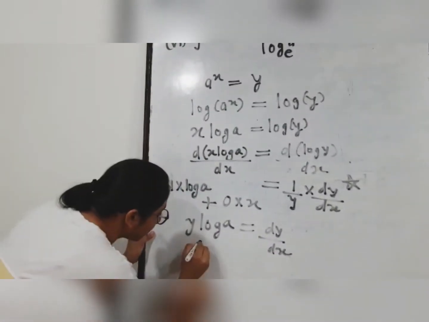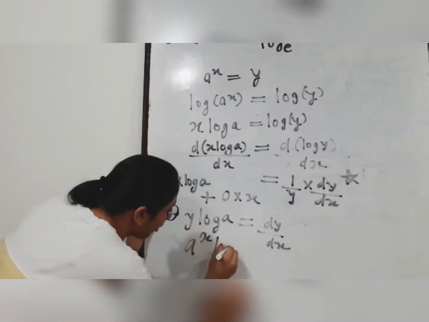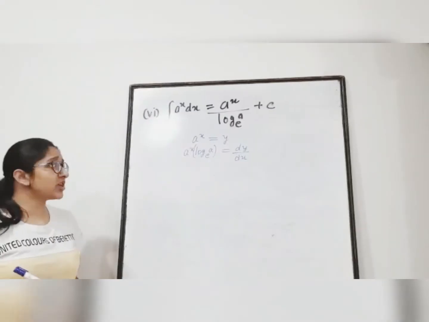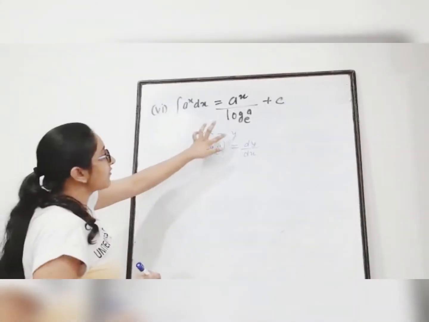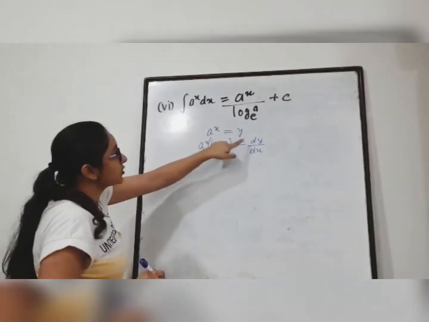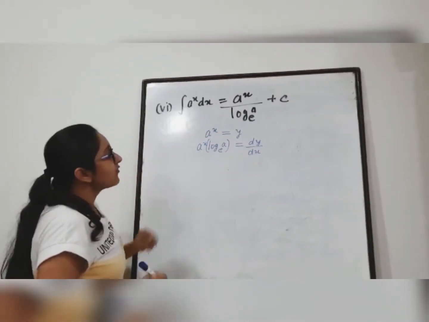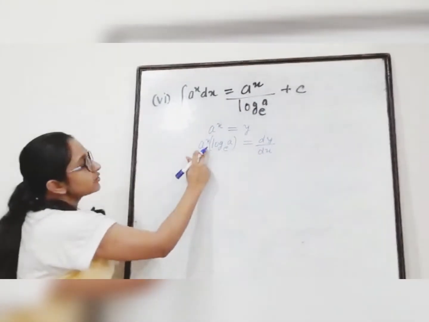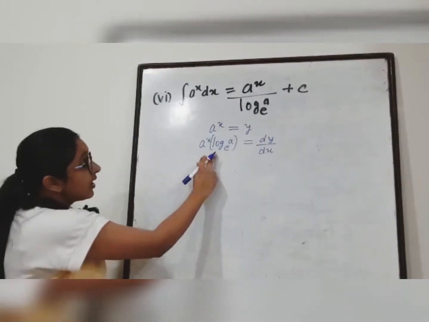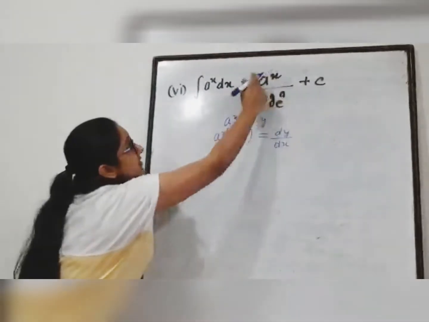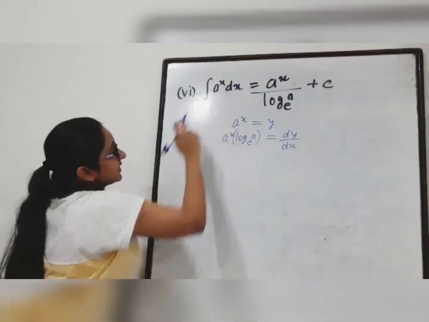So let's put this value: a to the power x log a. We just saw that if we have a function a to the power x equals y, then the differentiation of y with respect to x is a to the power x log a to the base e. But we have to differentiate this function to prove that a to the power x is the output.